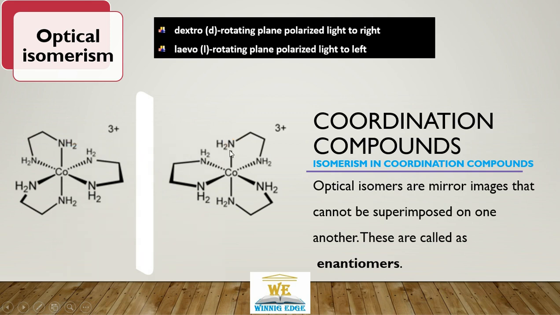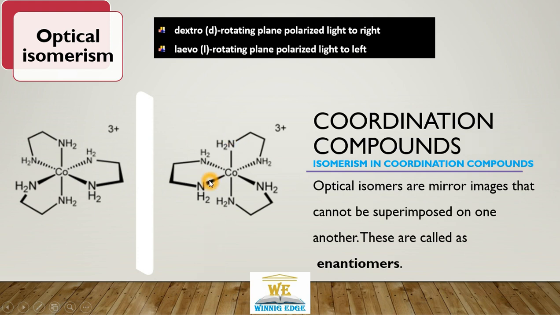But even if we try to rotate it or superimpose this compound over this one, it will never superimpose, remember, because these bond positions will change. We will never be able to superimpose this structure over this structure by any rotation.